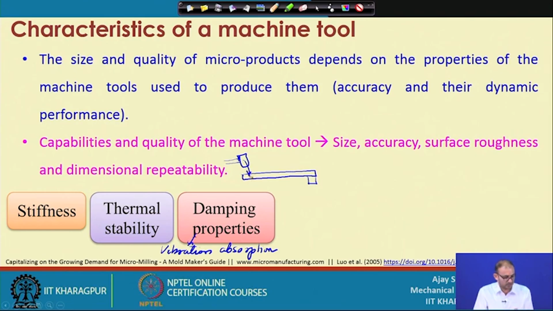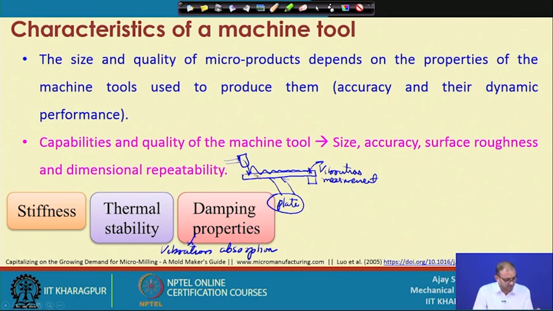When you are hitting here and measuring the vibration at this location, the vibration will propagate and reach this particular location. Whatever the property of this particular table or plate is, that will dictate how much vibration will propagate up to this particular point.